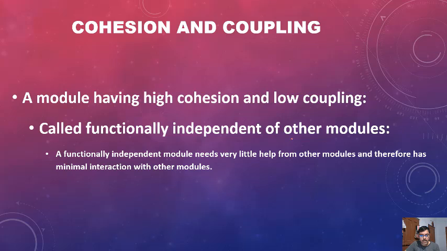So our target is to make our modules functionally independent. That means if it is functionally independent, then the cohesiveness is high, and if the module is independent, then the interaction between multiple modules is very low. That is, the coupling is very low. So this is our target, high cohesion and low coupling.